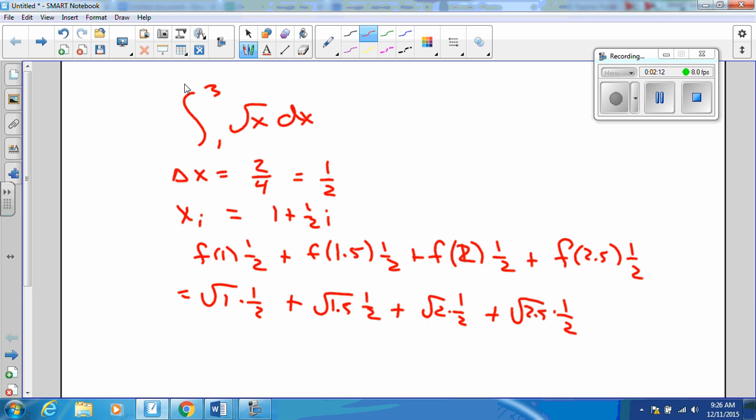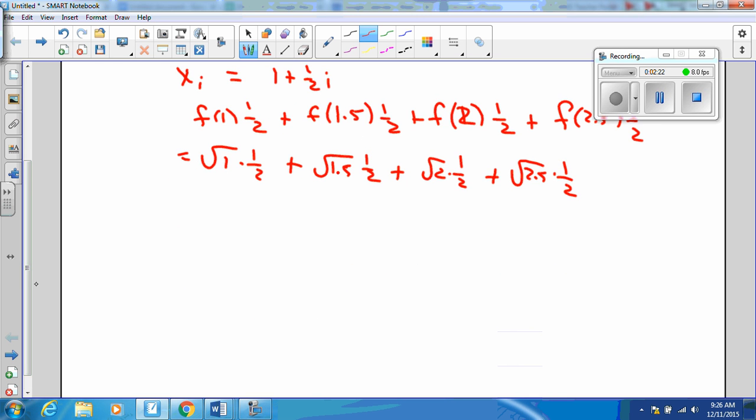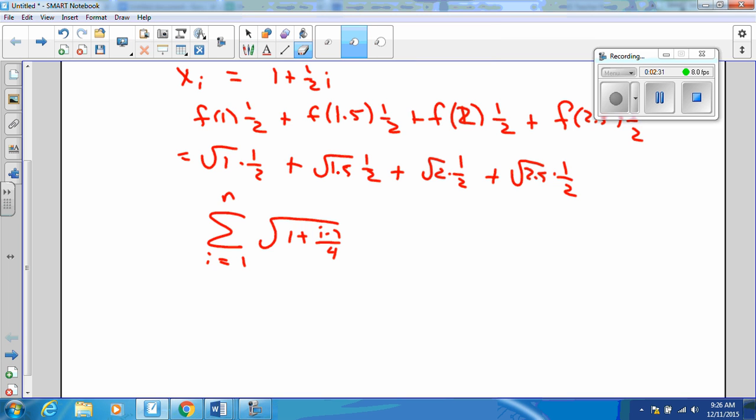So are there questions on that one? Please notice that if you have a small number of rectangles, writing your sum in unrolled form makes a whole lot more sense than writing it in rolled up form. You could, if you had wanted to, write it out as the sum from i equals 1 to n of the square root of 1 plus (i minus 1) over 4, but n is 4.